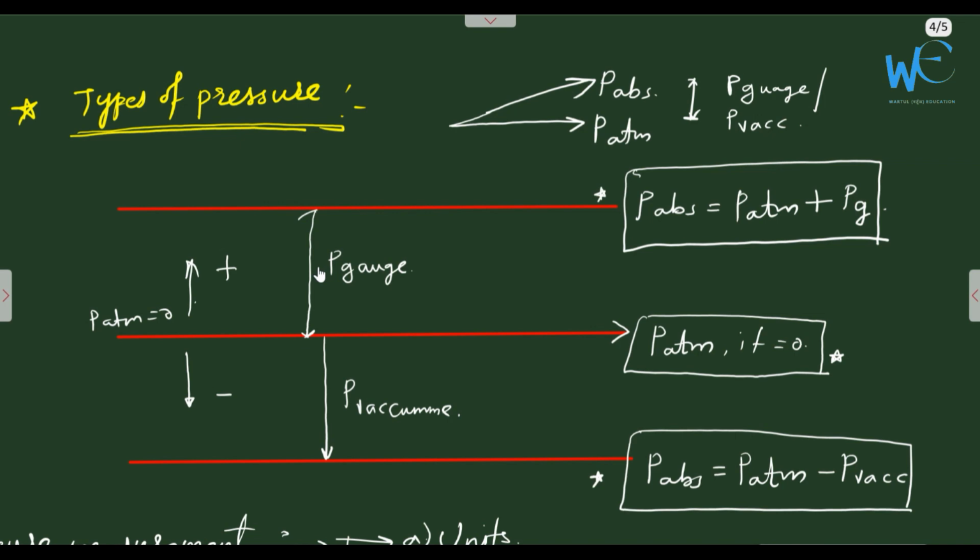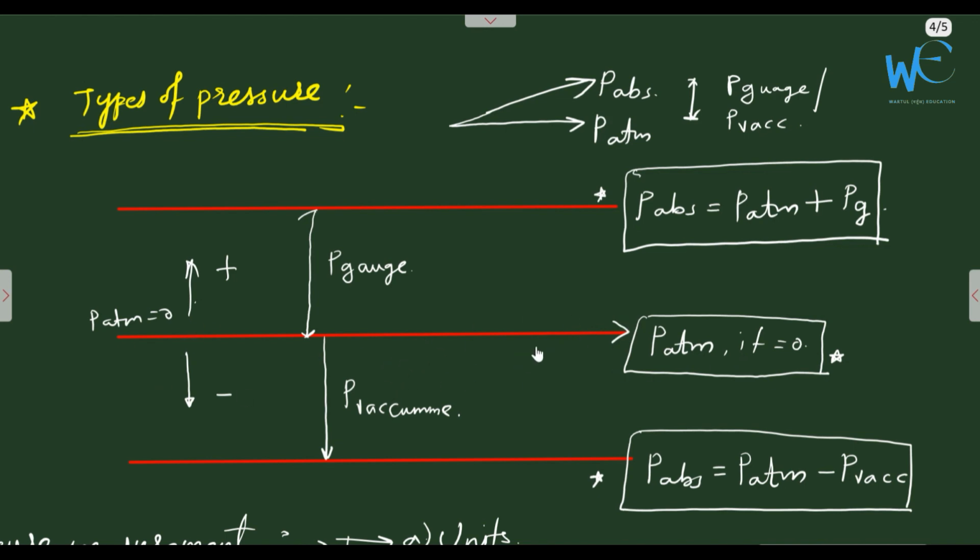Make sure with yourself you are listening to me well. If you just remember these three lines, so what are you observing right now? In the middle, what I wrote here, P atmosphere, is zero. So on this line, atmospheric pressure is zero.